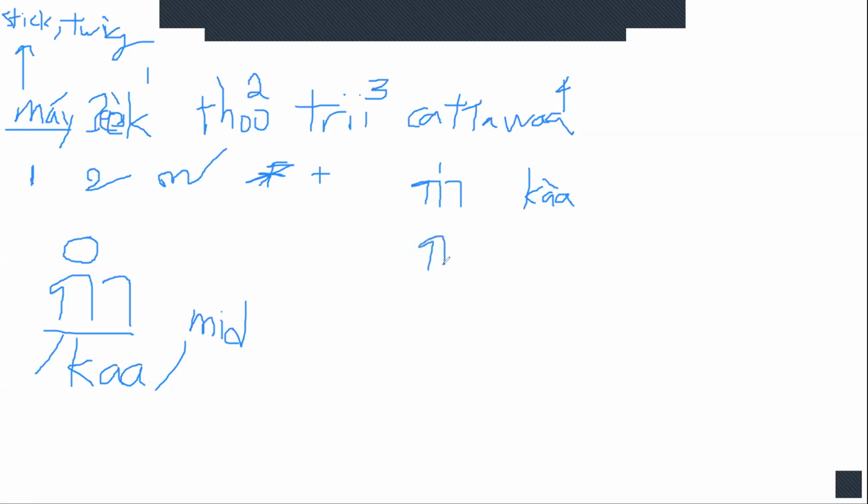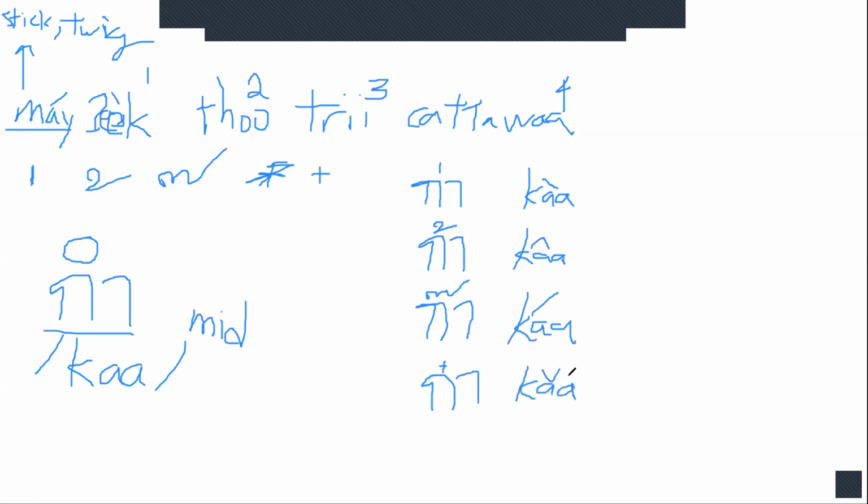When we add the mai to above the ko, the consonant, the tone becomes the falling tone. Ka. Okay. When we add the mai tri above the consonant, I'm not drawing it very well, the tone becomes the high tone, ka. Okay. And lastly, if you add the 4th tone marker, mai chatawa, this becomes the rising tone, ka. Right?